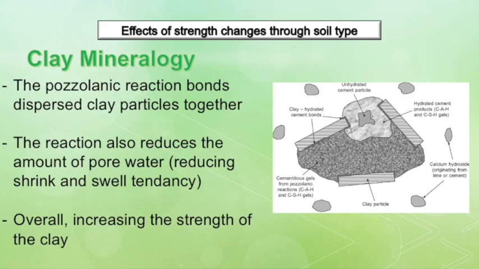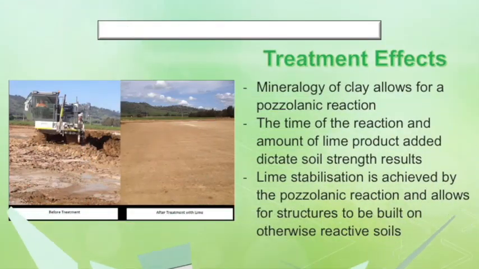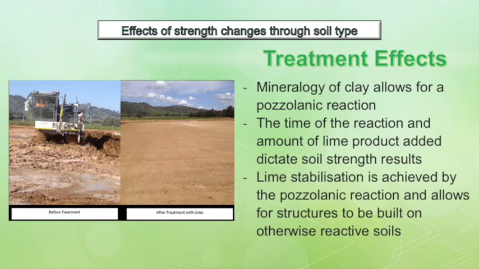The ability of lime to instigate this pozzolanic reaction is what enables strength increase in soil. Pozzolanic reactions can continue for extensive periods of time, and as a result, the addition of lime can produce increasing strength gains over time, as further discussed in this presentation.